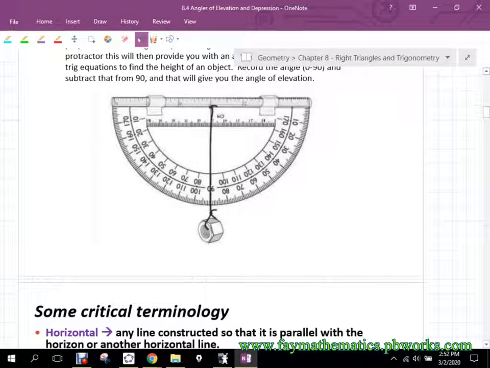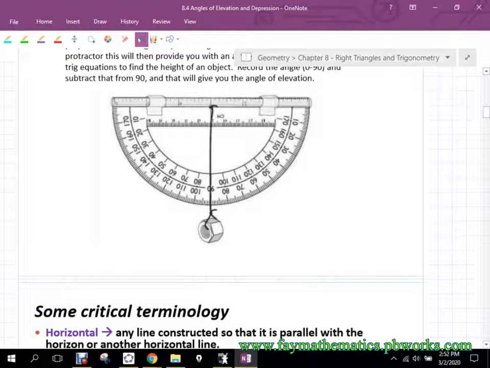But basically what you do is you just align your line of sight, your eyeballs, with the flat edge of your protractor. You take a string with a weight on it, and that weight is going to be constant all the way through. Because of gravity, it's always going to hang straight down, right to the core of the earth.